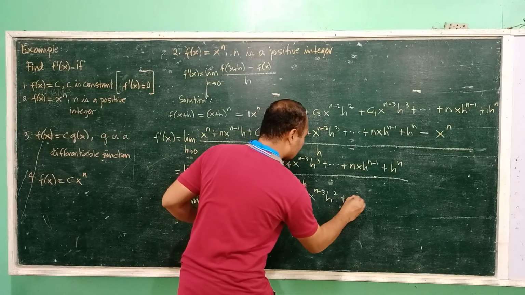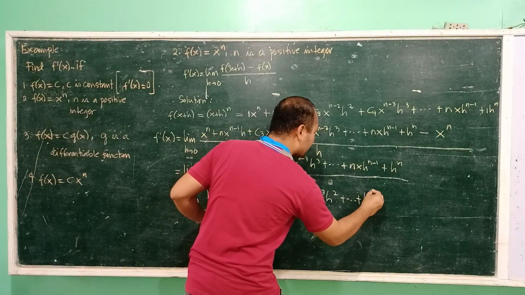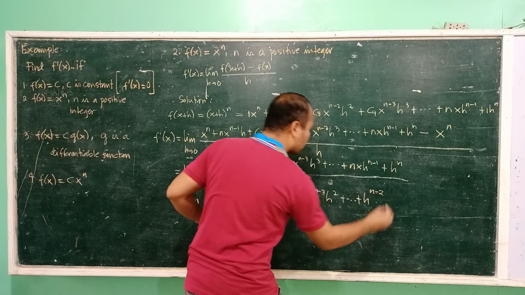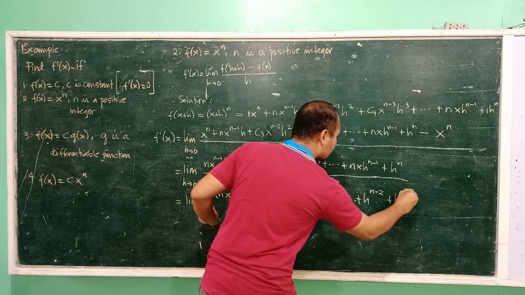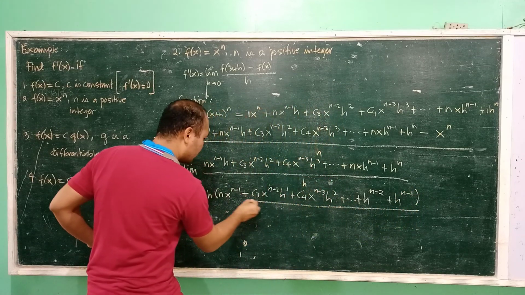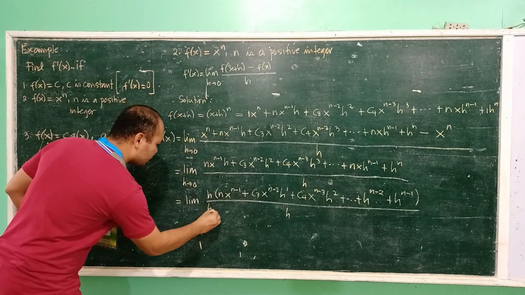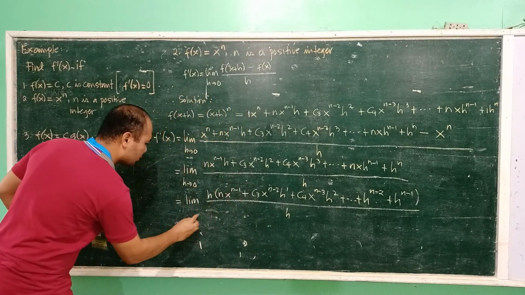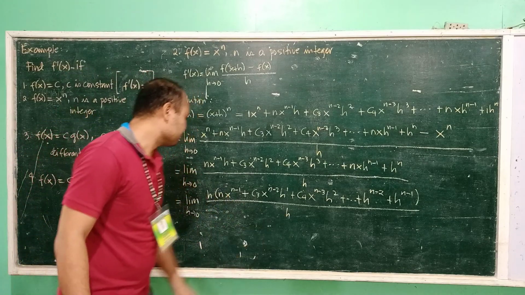Plus, plus, we take 1 h here, so that becomes h to the n minus 2, plus h to the n minus 1, all over h as h approaches 0. So this is just 1.